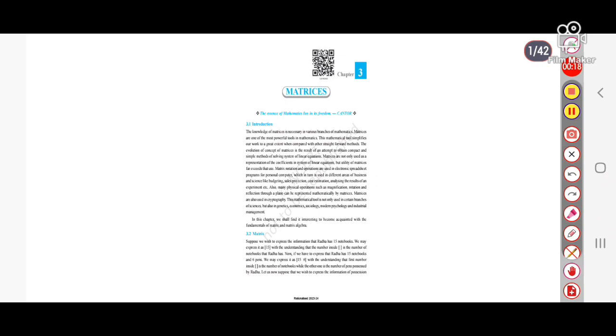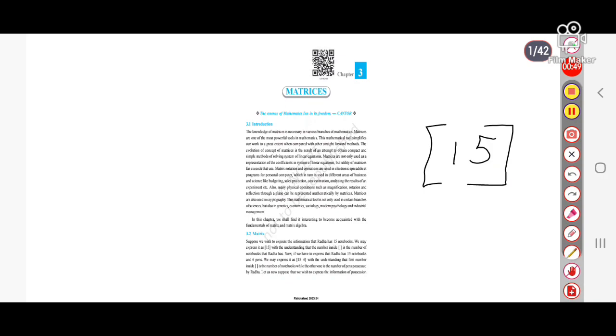Okay, first, what is a matrix? They have given information that Radha has 15 notebooks, and the number of notebooks is represented inside a square bracket like this.